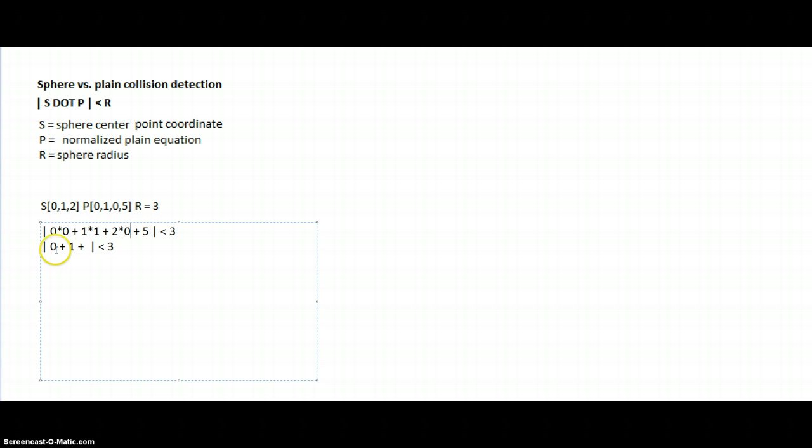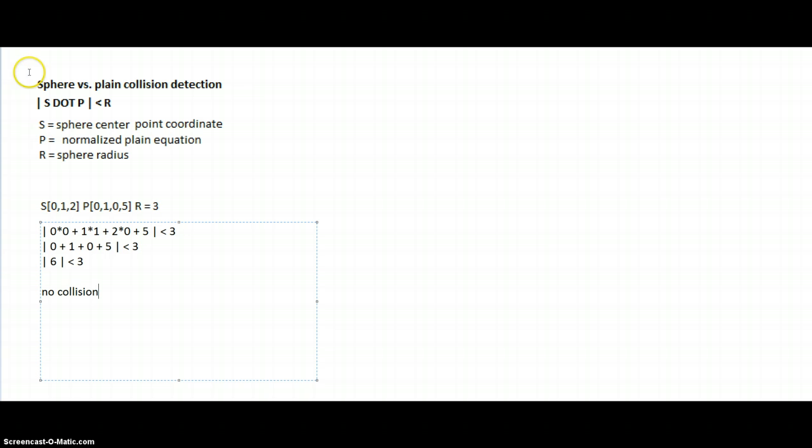Alright, so 0, 1, 0, plus 5. Is that less than 3? Adding those together we get 6, and comparing that to 3, it's not less than 3, so again no collision happens.